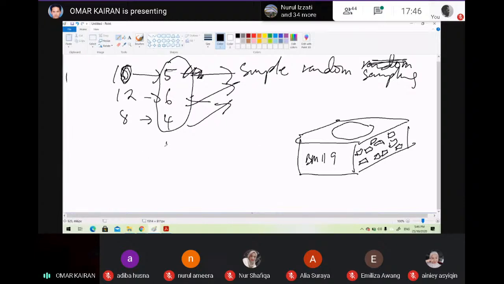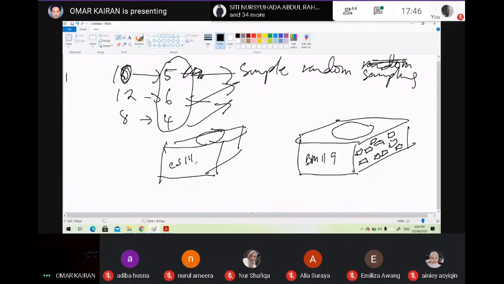And then for CS11, ada 12, 1, 2, 3, 4, 5 sampai 12.